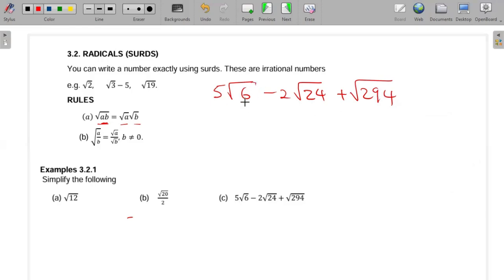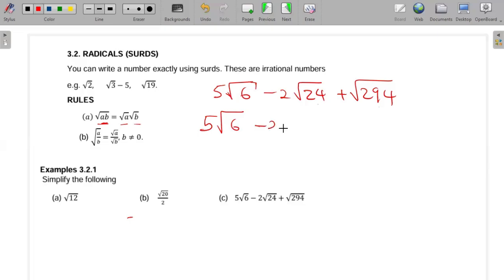Here you have 6, and you cannot get a perfect square from it. So the simplest radical which must appear must have root 6 in it, and that is what we are trying to simplify the others into. So here you have 5 root 6.